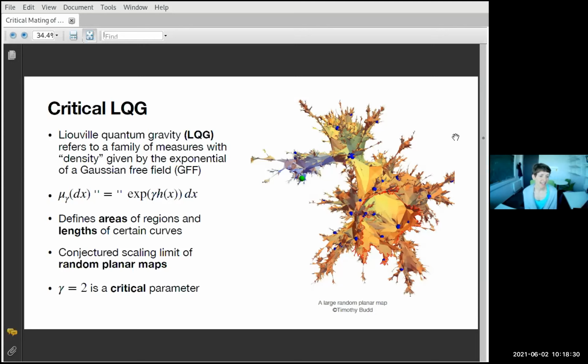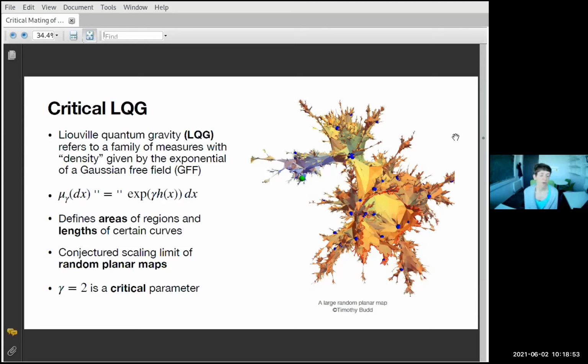I didn't say it before, but in fact this process of making sense of these Liouville quantum gravity measures turns out to be nice to do when gamma is between 0 and 2, strictly less than 2. There's a sensible approximation procedure which gives something nice in the end. Gamma equals 2 is again a kind of transition point where the behavior changes.